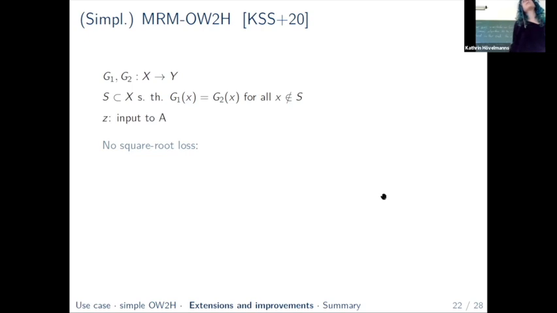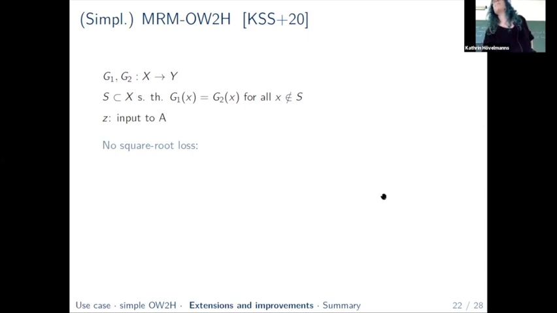So in the regular one-way-to-hiding, the extractor works for both of them. I mean, not simultaneously, but it can work for both of them. The original one-way-to-hiding or the semi-classical one? I mean, it doesn't really matter.